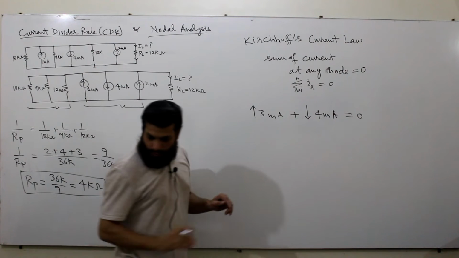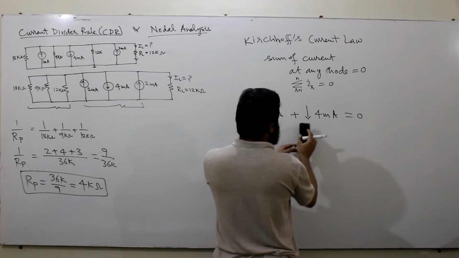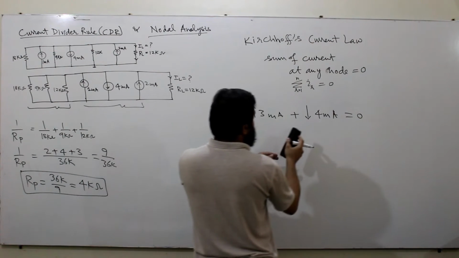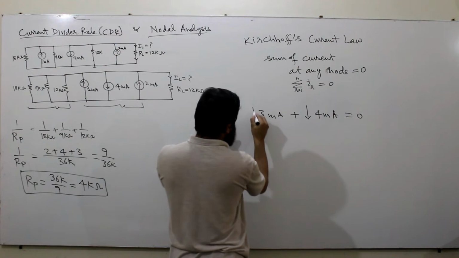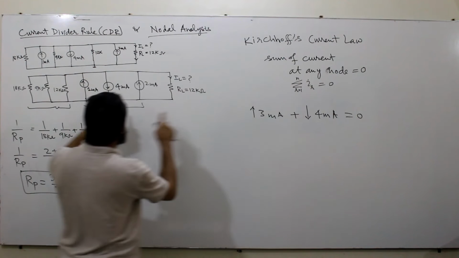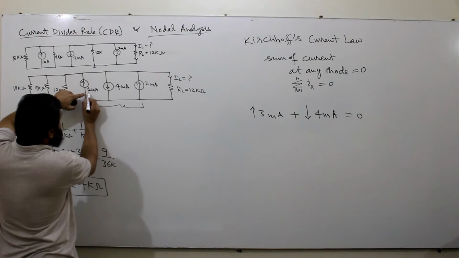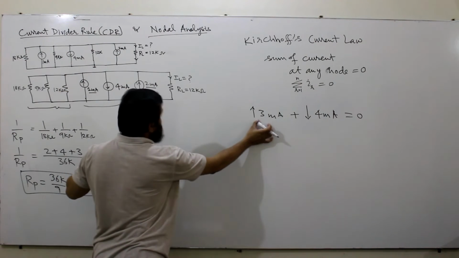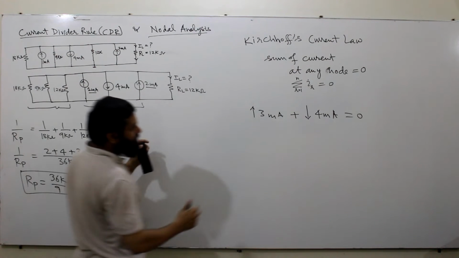So if I remove one of the arrows, we can take this one. Originally you see this current is coming, 1 milliampere from here, 2 milliamperes from here. So these together are 3 milliamperes in the upward direction, and this 4 milliamperes is in the downward direction.